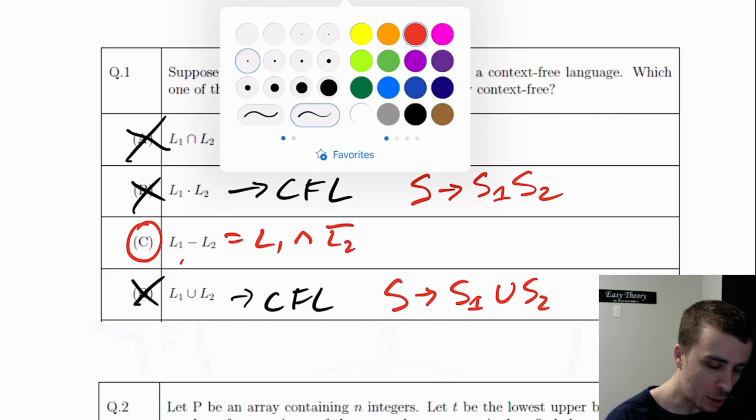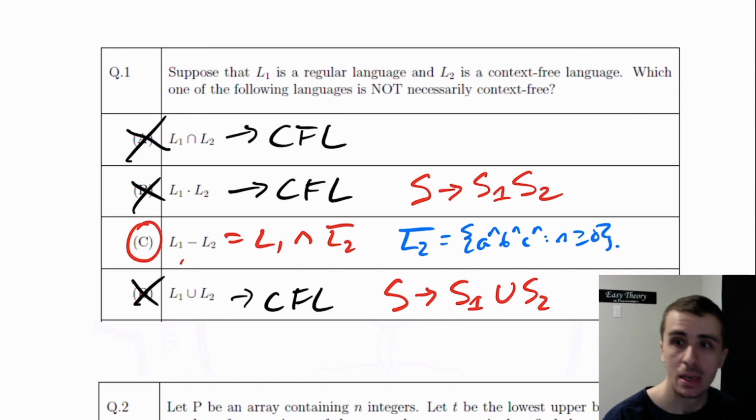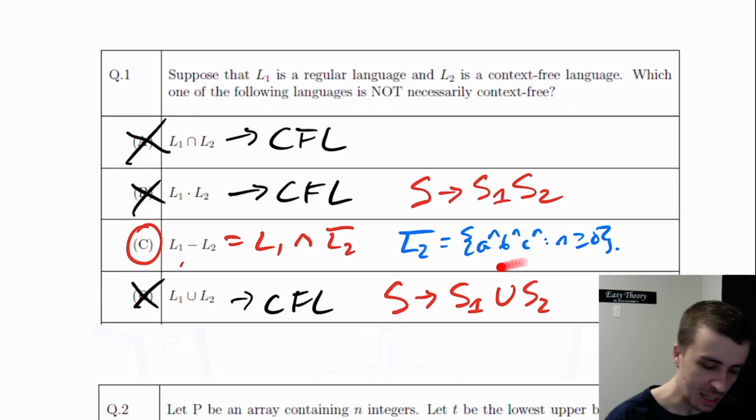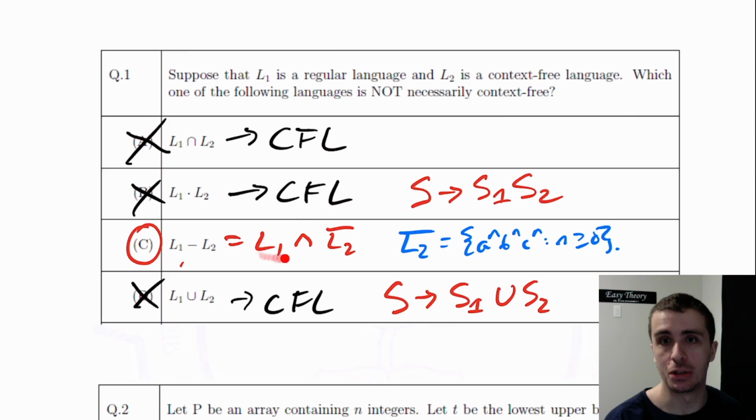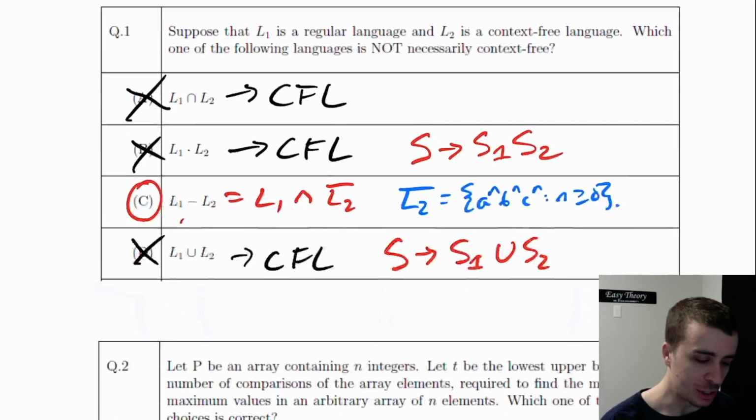For example, you could pick L2 complement being a^n b^n c^n, where n is at least 0. The complement of that language is context-free, but this language itself is not. And so this is not context-free with those choices. So the answer is C for question 1.